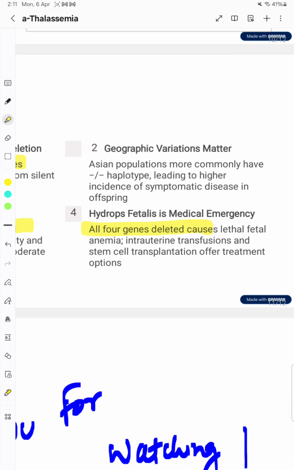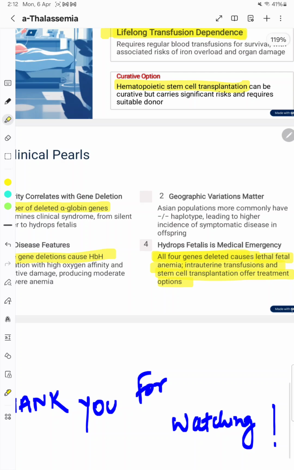Hydrops is a medical emergency. All 4 alpha globin genes are deleted, resulting in lethal fetal anemia. Intrauterine transfusion and stem cell transplantation offer treatment options.